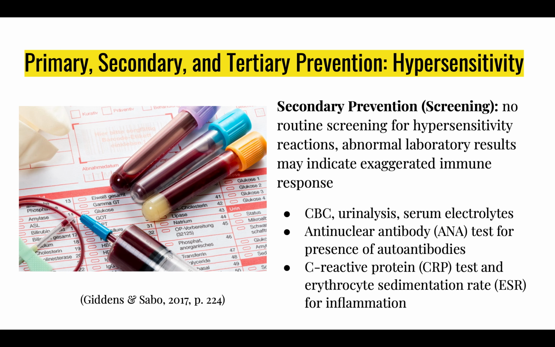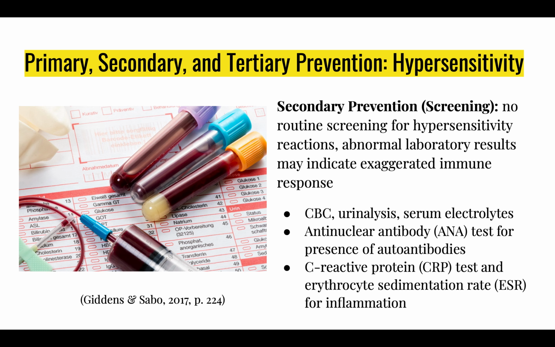Secondary prevention of hypersensitivity, screenings. While there are no routine screenings for hypersensitivity reactions or autoimmune disorders, abnormalities in routine labs may suggest altered immune function and indicate a need for further evaluation.